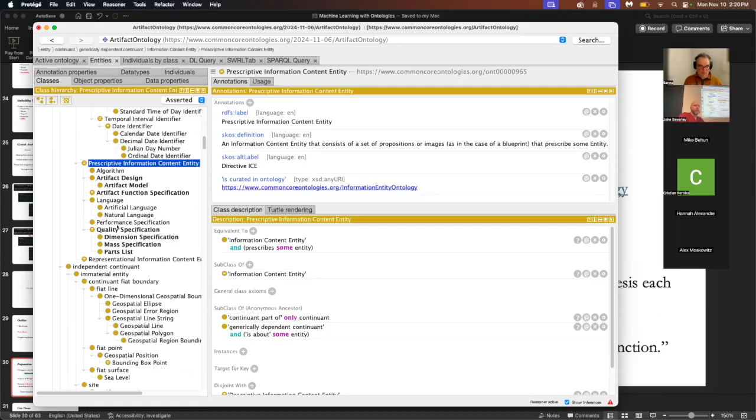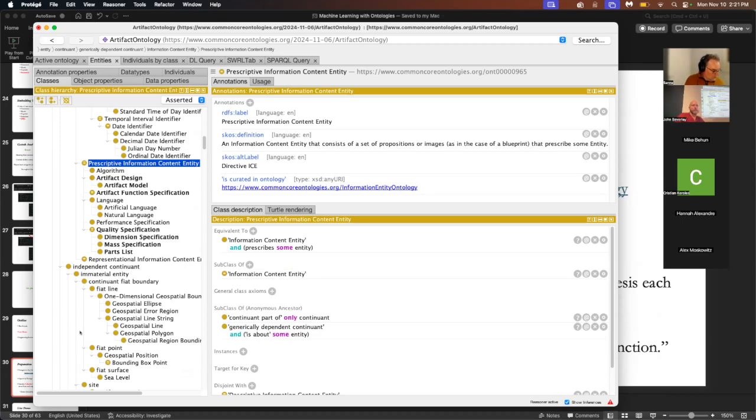So CCO was developed without a lot of axioms on purpose, for flexibility, and that made its way both into its lack of axioms and into the definitions.